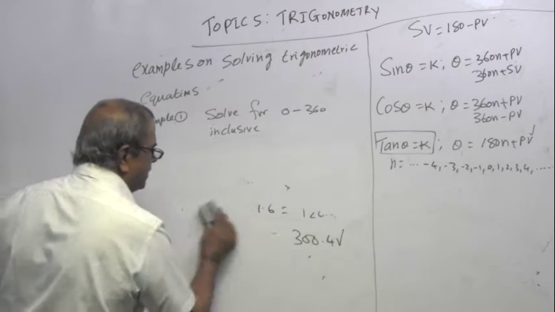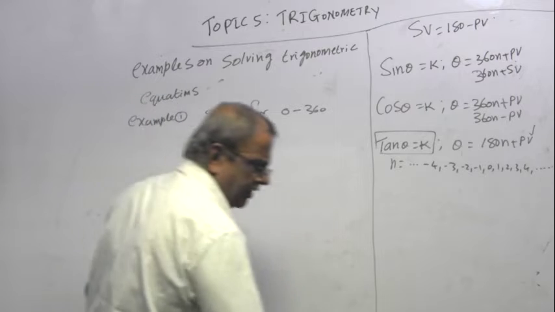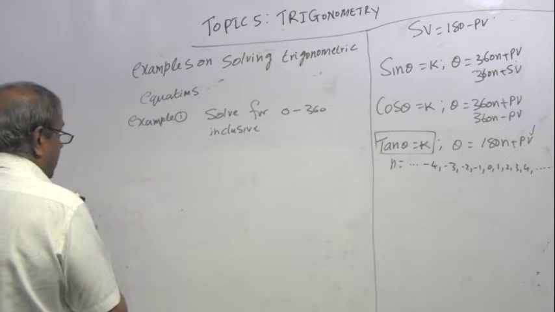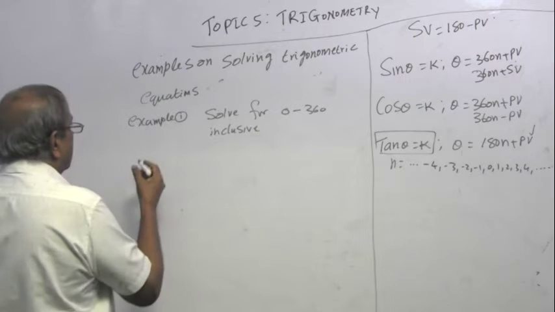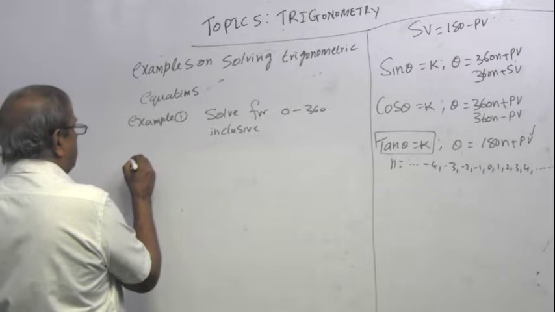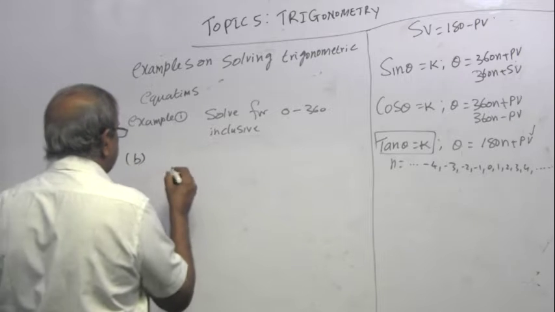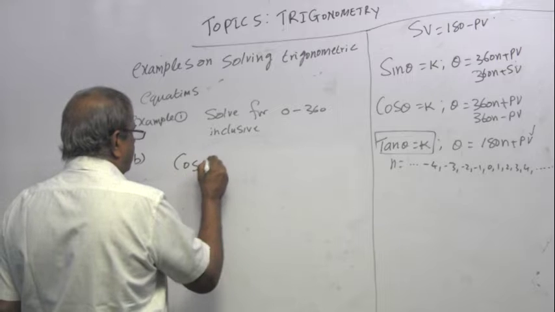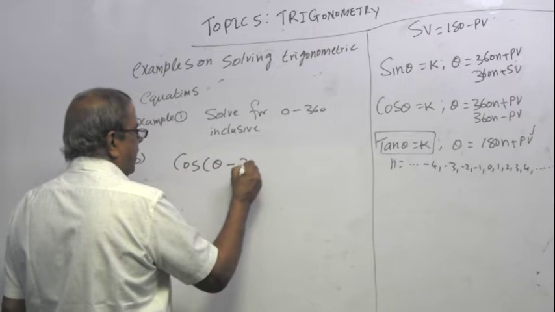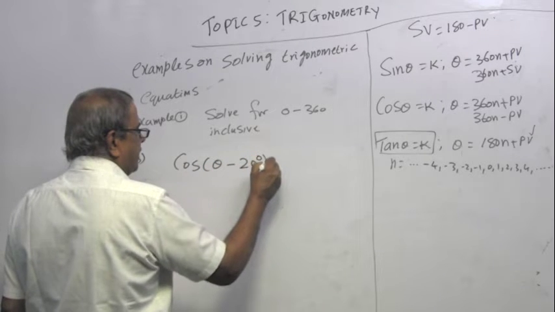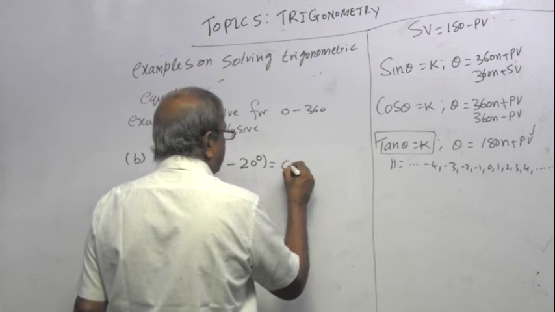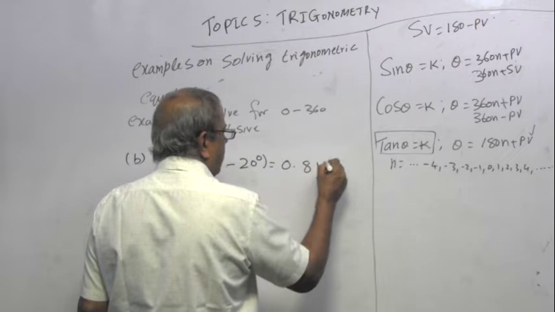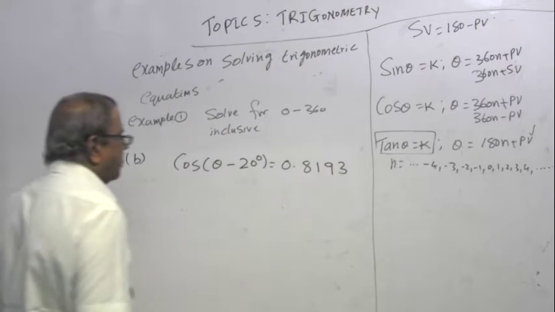I'll take a couple of examples to show you. Suppose I had question 2, part B. I'm saying cos of theta minus 20 degrees equal to 0.8193.